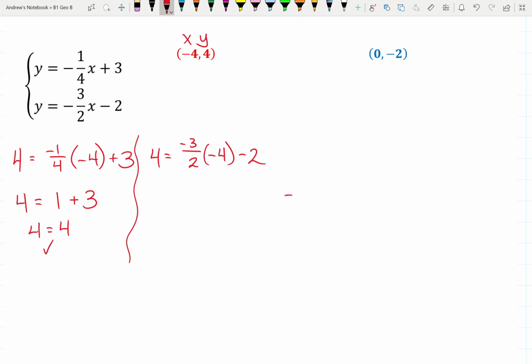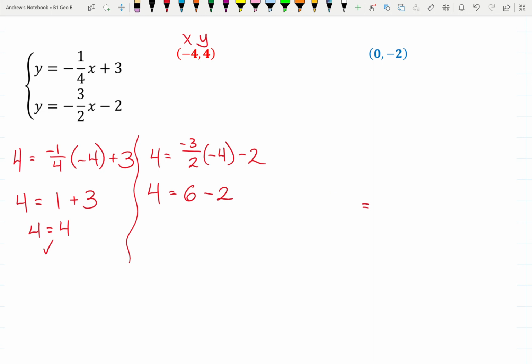We have negative 3 over 2 times negative 4, and I'm going to put it over 1 just like we did last time. I'm going to multiply the tops of the fractions together and the bottoms together. So negative 3 times negative 4 up top is going to give me positive 12. On the bottom, 2 times 1 gives me 2. And 12 divided by 2 is the same thing as 6. So I'm going to turn all that big chunk into 6. And I'll tack on that minus 2.